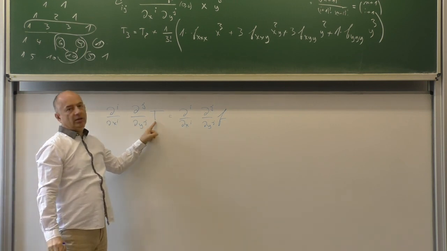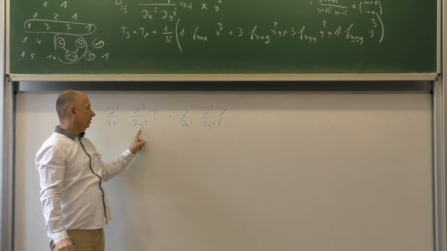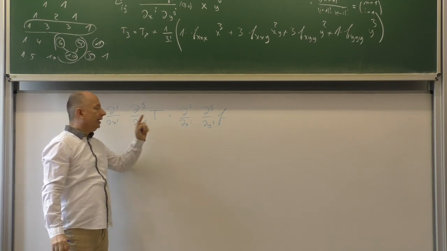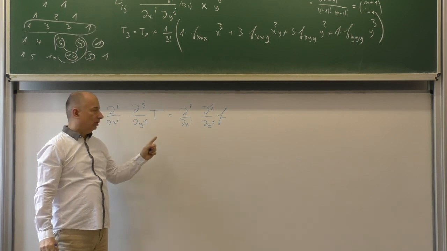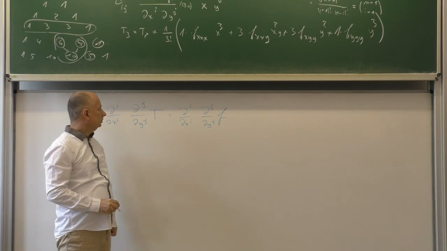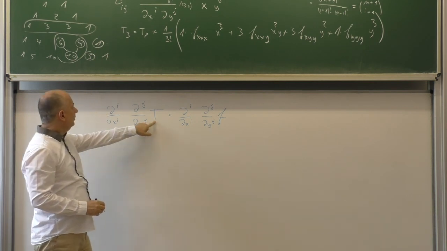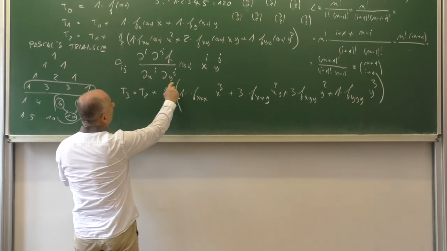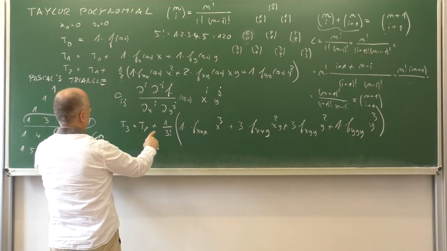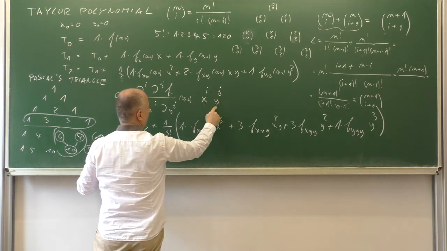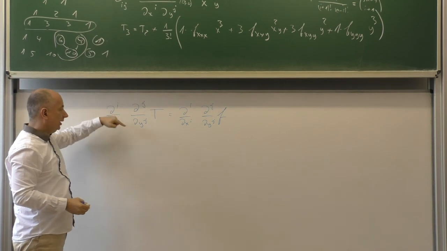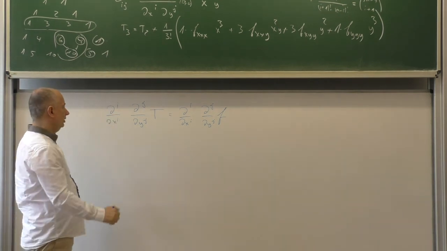The lower terms give 0 when differentiated, and the higher order terms give 0 when evaluated at the point 0, 0. So only the term of the form x to i, y to j will survive these two operations, differentiation and evaluation at 0.